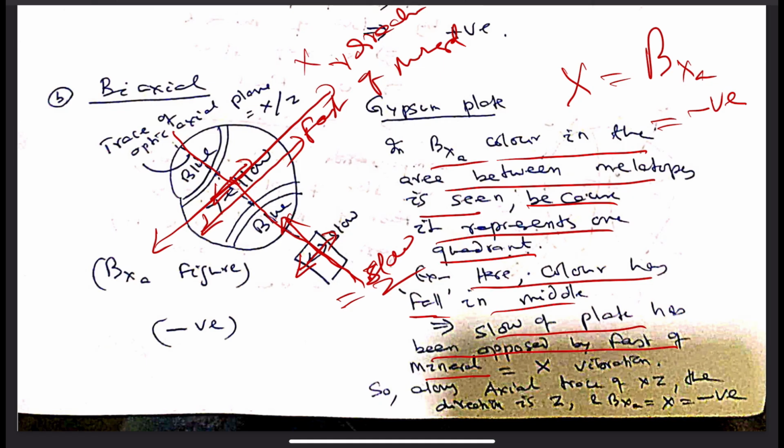Fast means X. So this is X, and this will be Z. So the perpendicular will be the acute bisectrix, which will be X. So along the axial trace of XZ, the direction is Z, and BXA therefore is X, and it is negative.